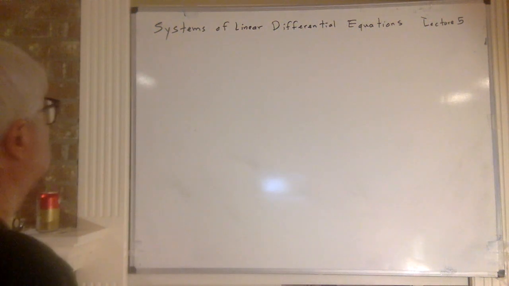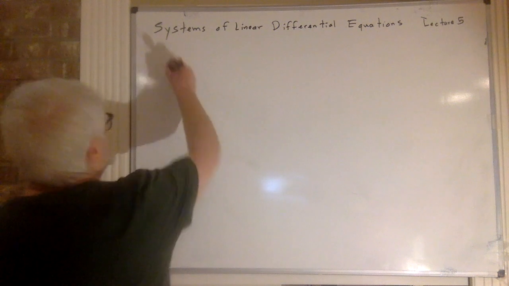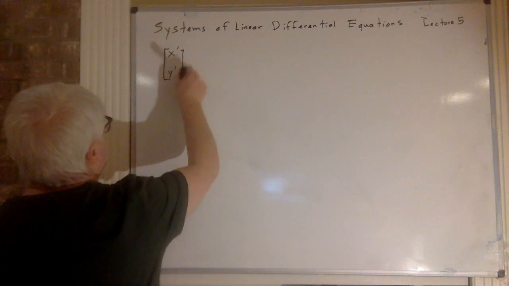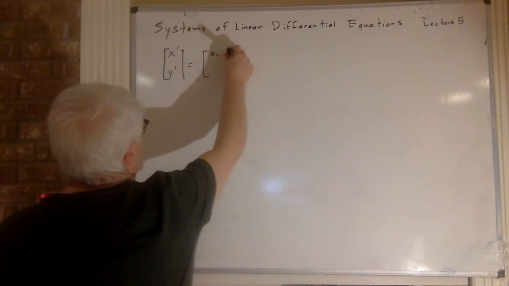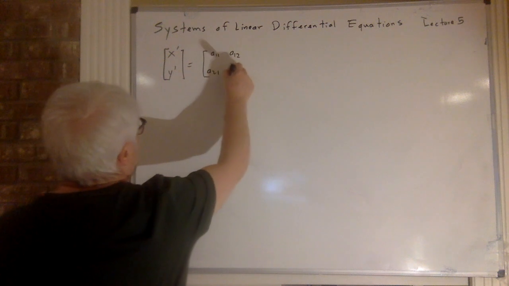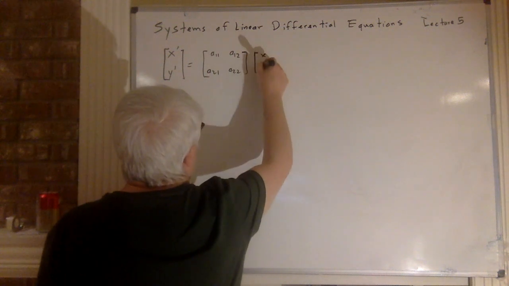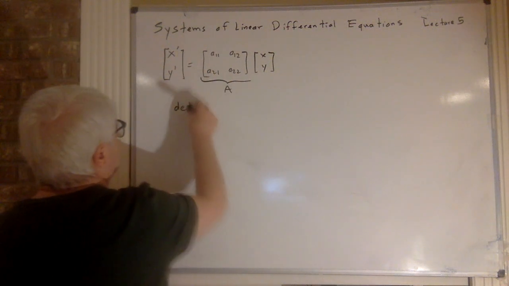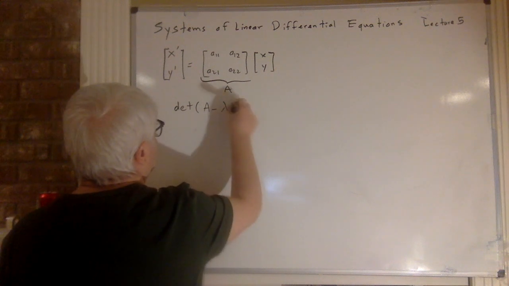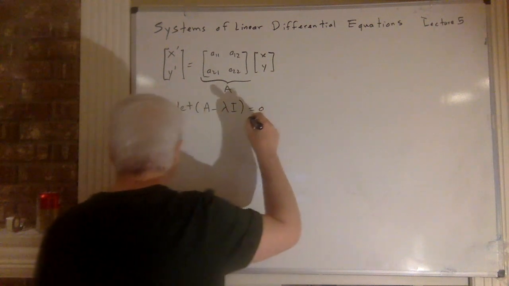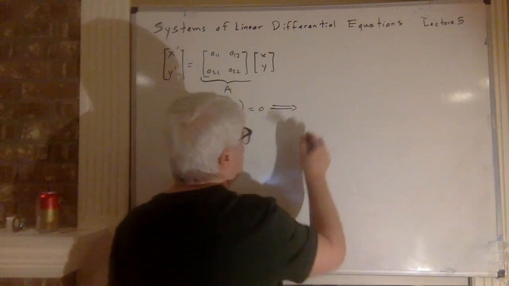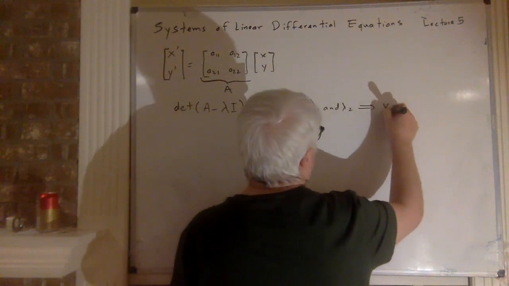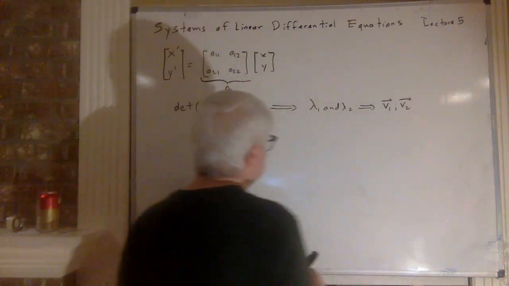Okay, lecture 5 on systems of linear differential equations. So we had x prime, y prime, and a1, x, y, and this is A. Remember, determinant of A minus lambda I equals 0, and that gives me eigenvalues lambda 1 and lambda 2 and eigenvectors v1 and v2.